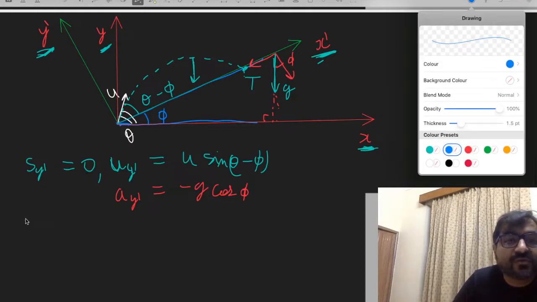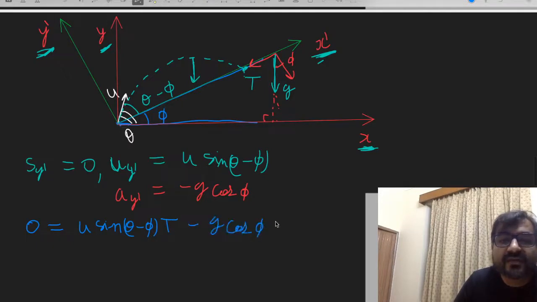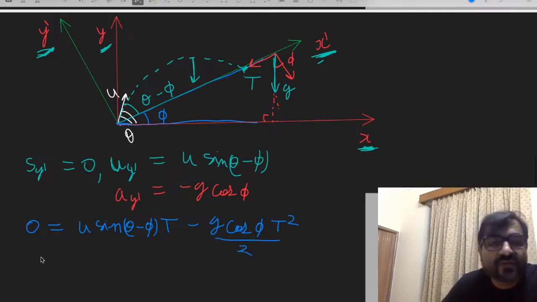S is equal to ut plus half at square. 0 is equal to u sine theta minus phi into t minus g cos phi t square by 2. Solve it.